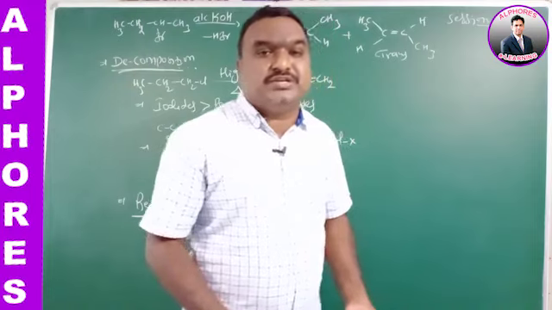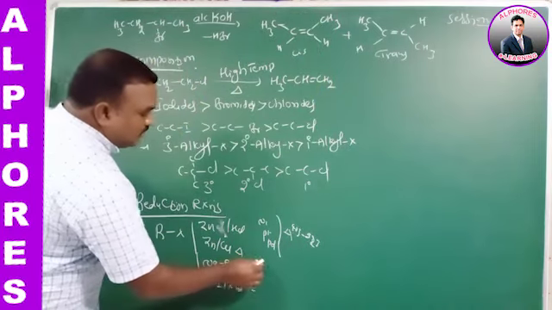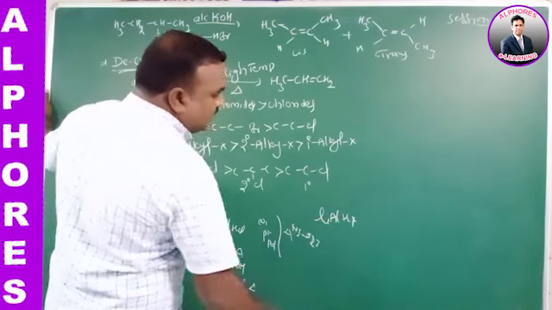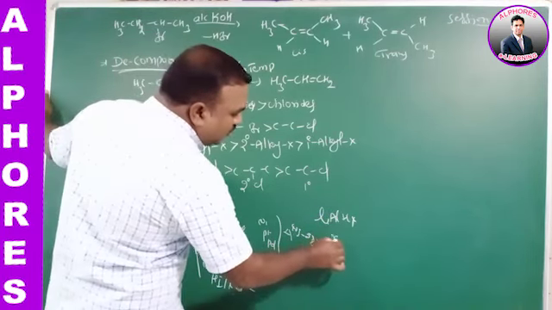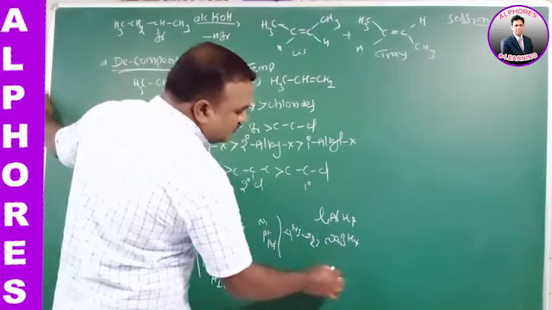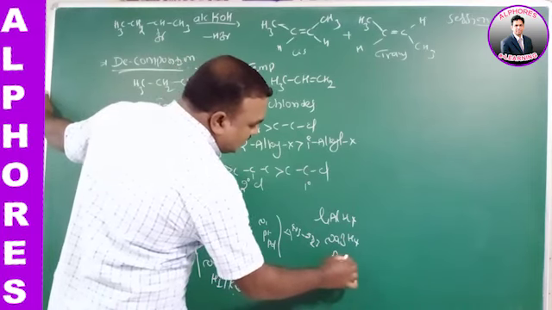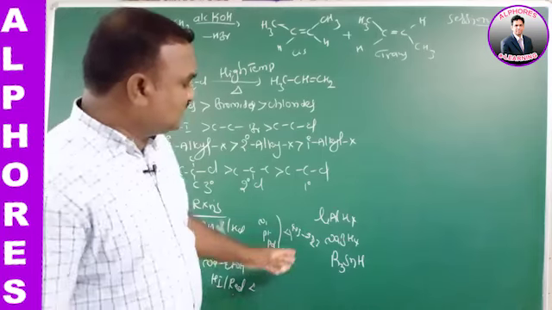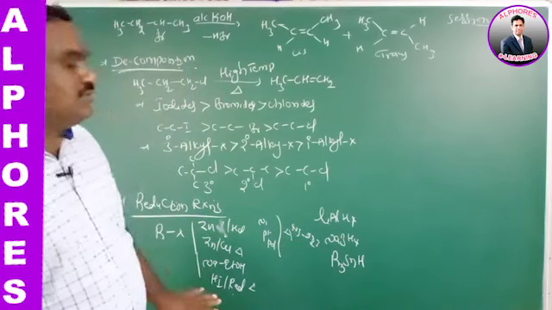So many reducing agents are there. Lithium aluminum hydride, sodium borohydride, and trialkyl tin hydride are given. All these are reducing agents.